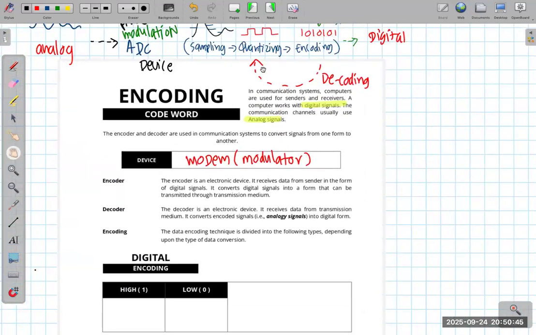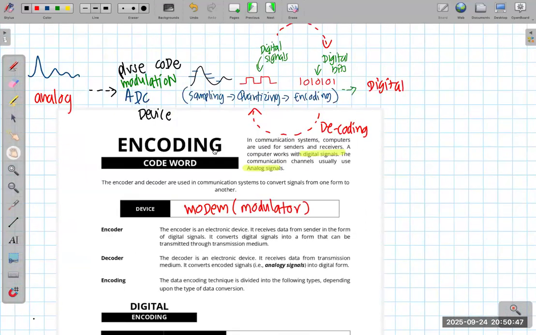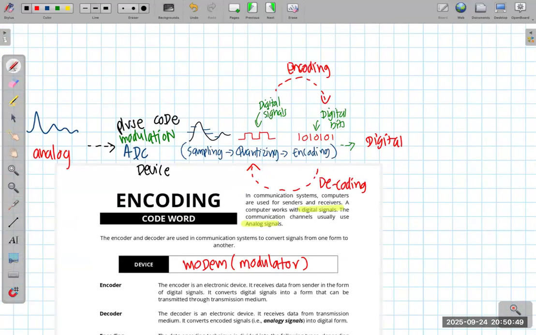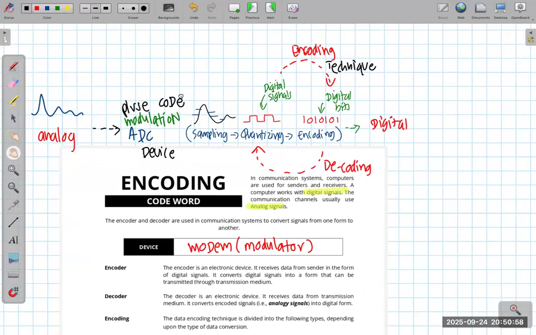Now, for converting these signals to digital bits, we have different techniques. We use different techniques in different ways. They map the digital signals to digital bits.